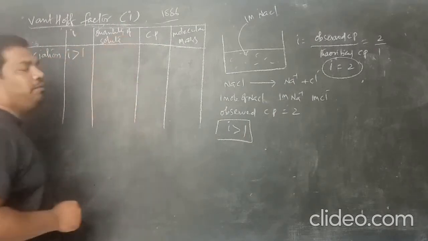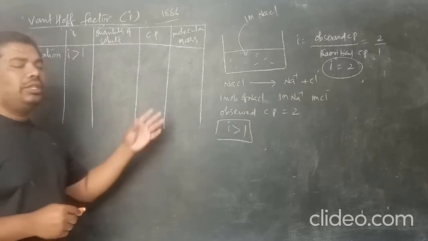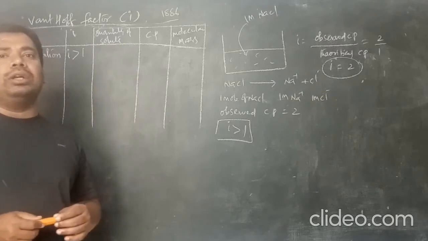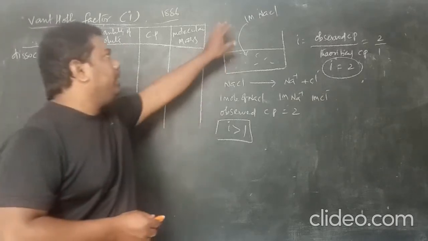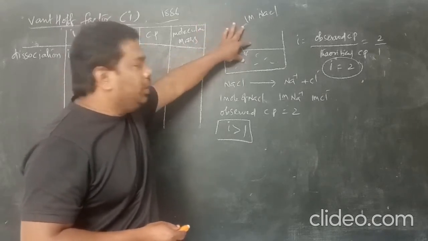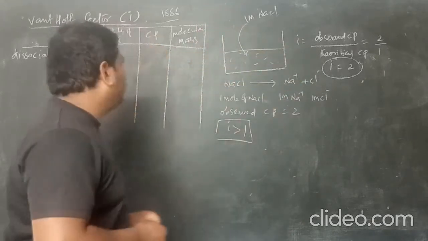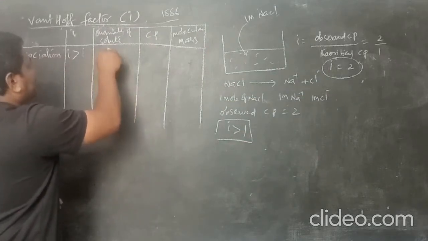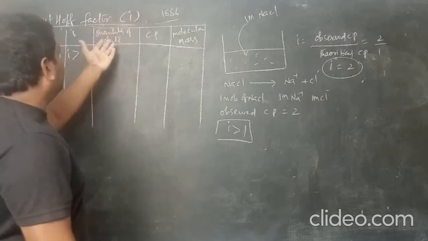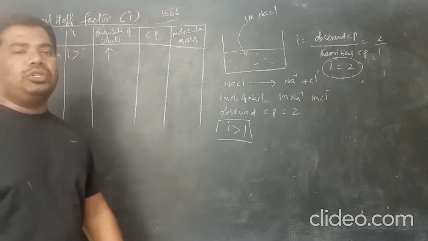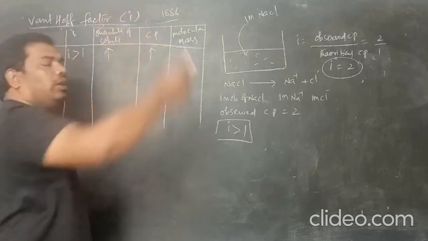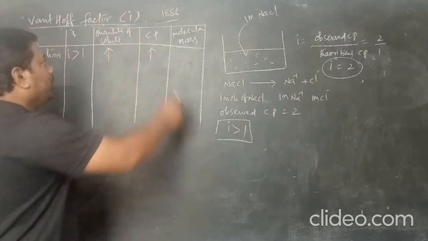So the quantity of solute increases because generally the colligative properties are directly proportional to the quantity of solute, because here we are taking 1 mole of sodium chloride dissociating into 2 moles of ions. So the quantity of solute increases. Clear? The colligative properties are directly proportional to the quantity of solute; as the quantity of solute increases, the colligative properties also increase.